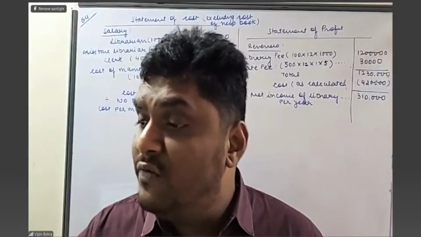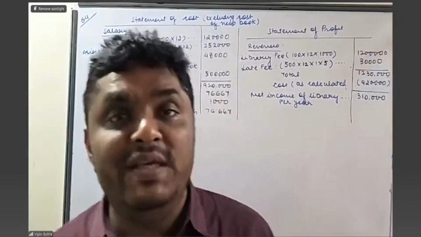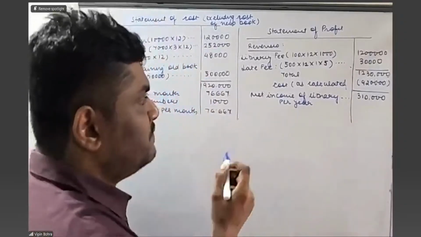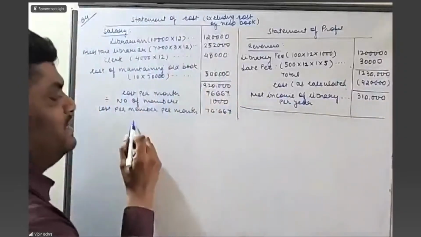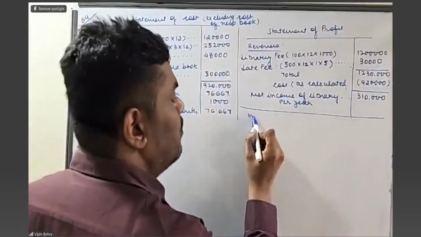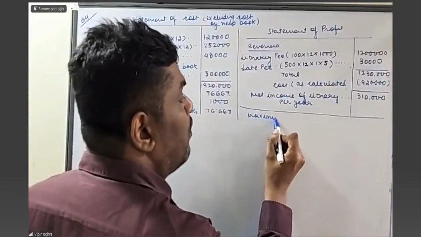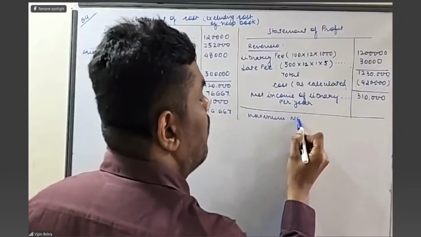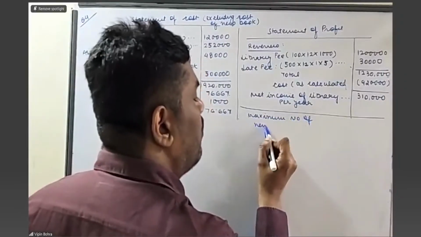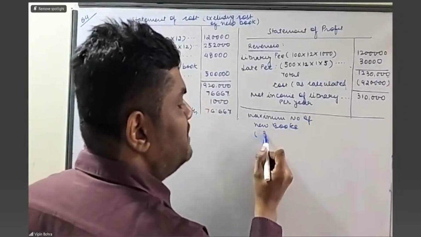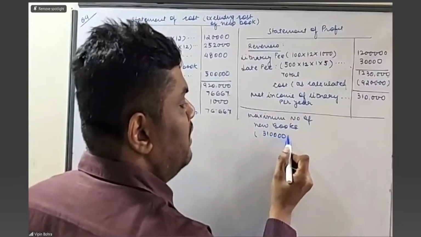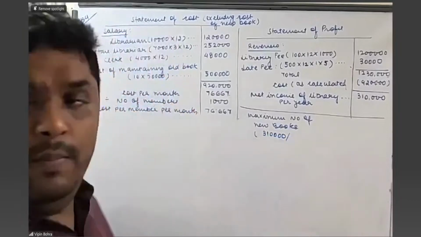So see, the cost of new books is given in the question, that is rupees 300 per book. Maximum number of new books. Max to max, how many books can be purchased? 3,10,000 divided by the cost of a book is how much?